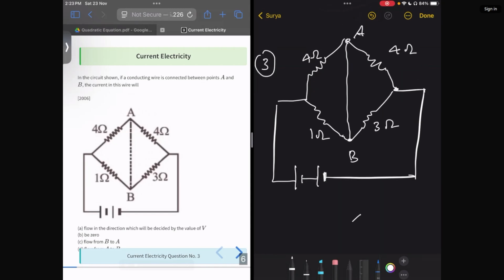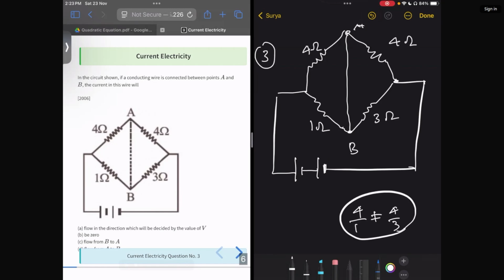So definitely it is not a balanced Wheatstone bridge, and the potential VA is not equal to VB. So there will definitely be current flow, but we have to see whether it goes from A to B or B to A. How will we know?